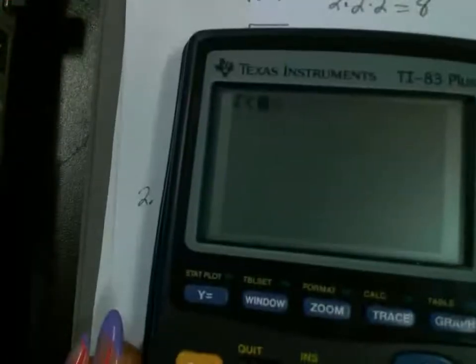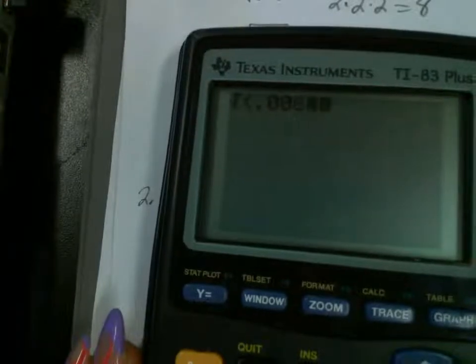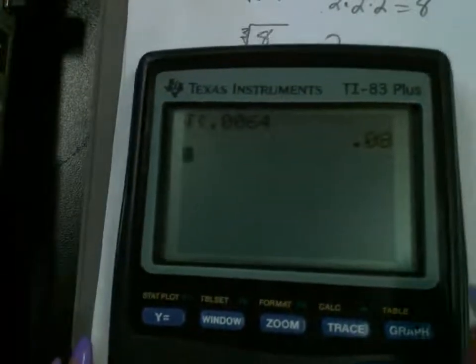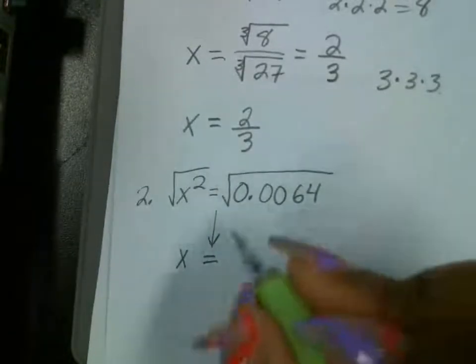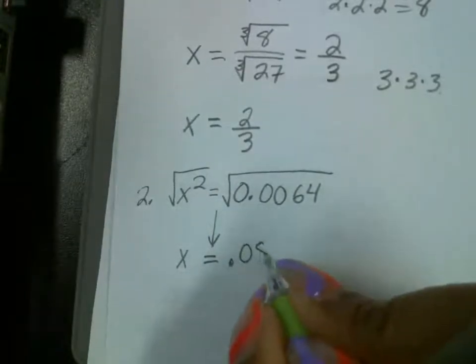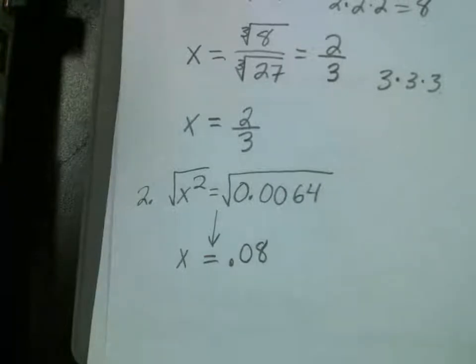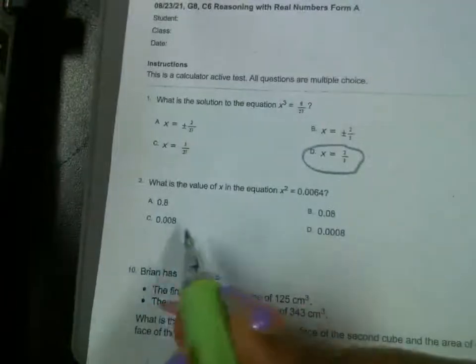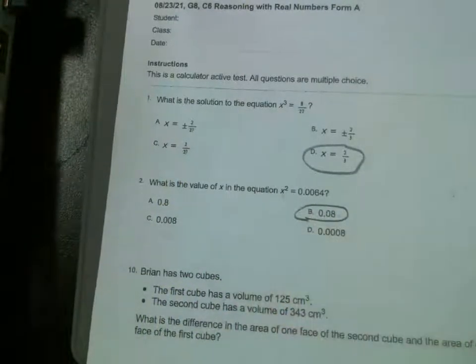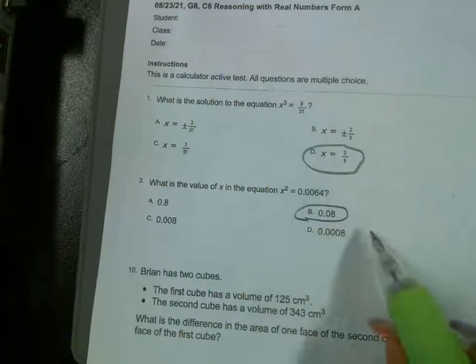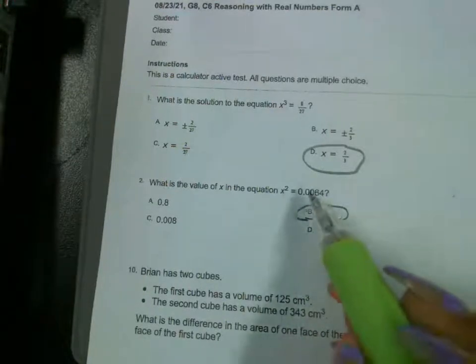And I type in decimal 0064 and see what that gives me. See? So we got 0.08. All right. And that's going to be our answer there. Okay. So 0.08 is this answer right here. Okay. And when you multiply 0.08 times itself, you're going to get this.